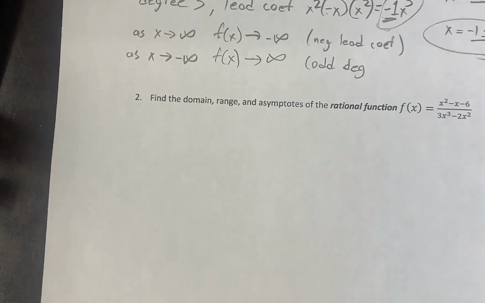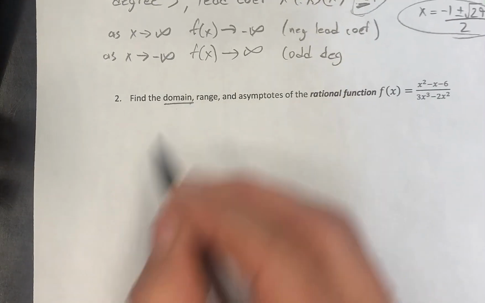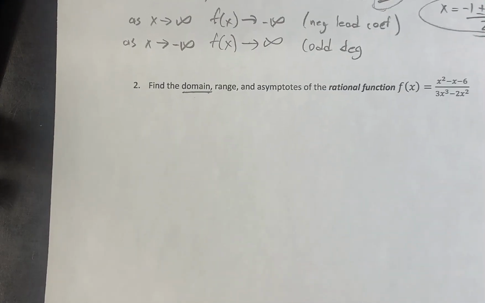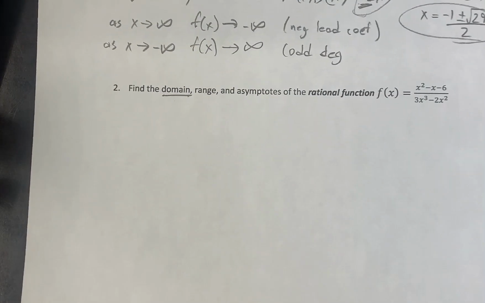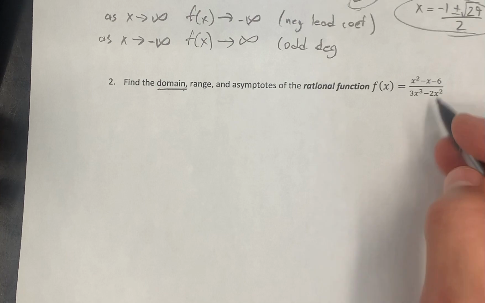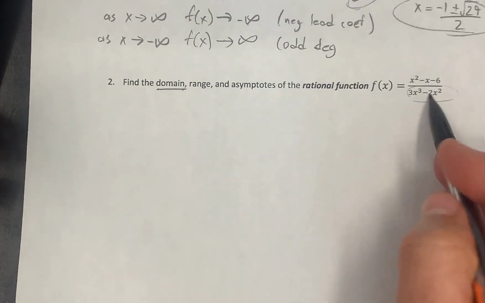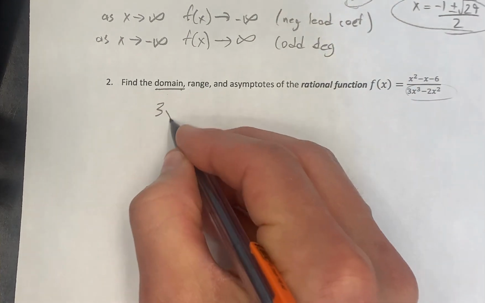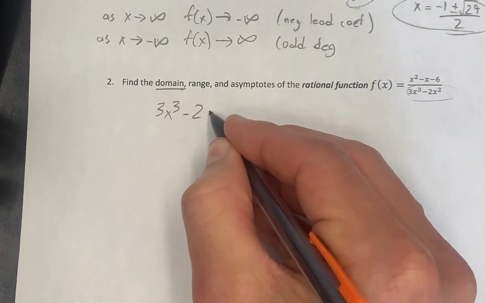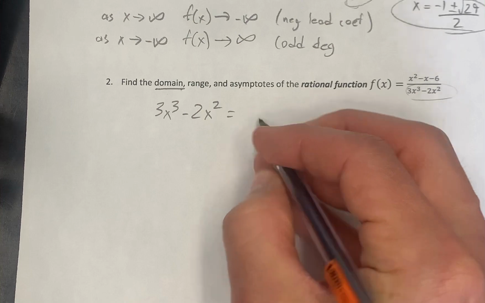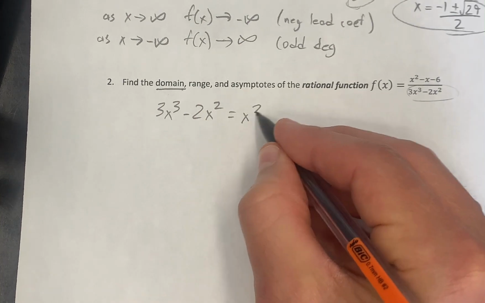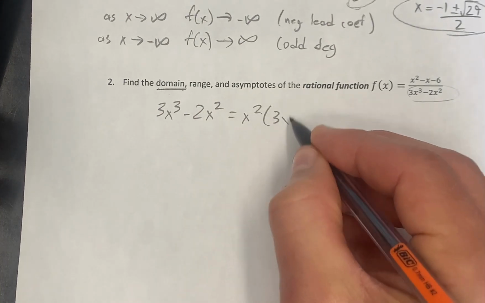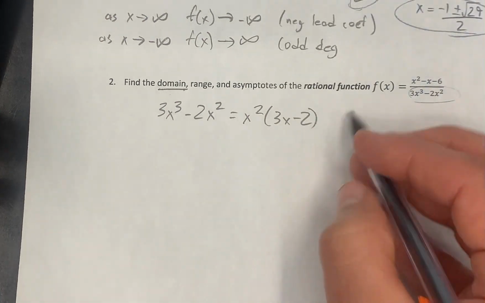Okay, the domain is every place that this function divides by 0. So where would that be? That would be 3x to the 3rd minus 2x squared factors as x squared times 3x minus 2. So where is that going to equal 0?